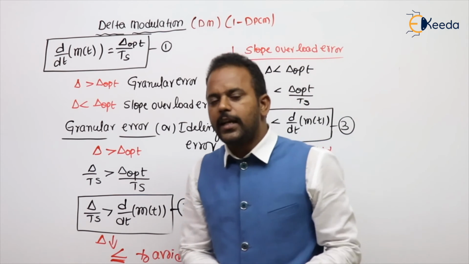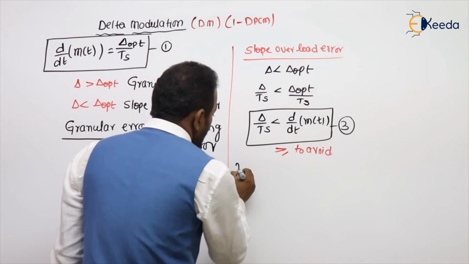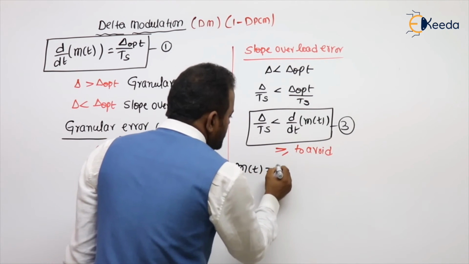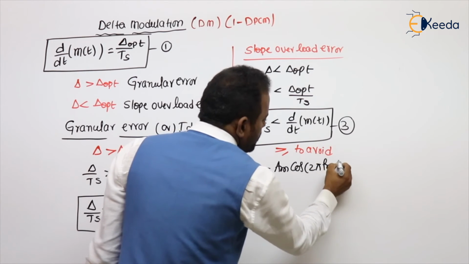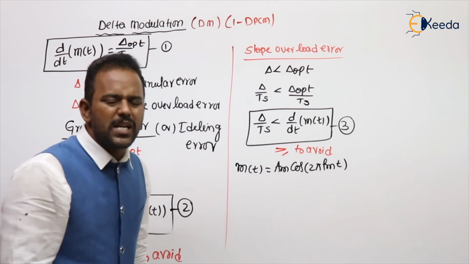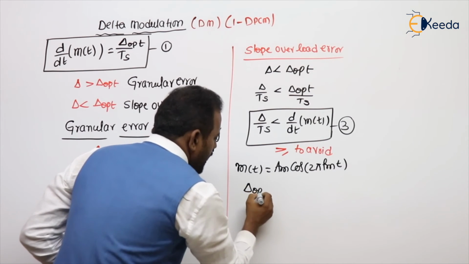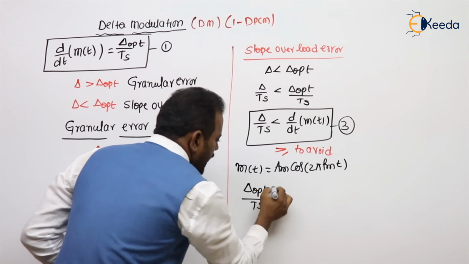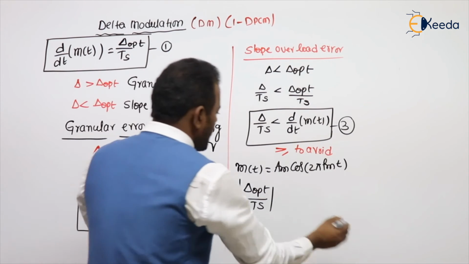Now I will bring another 3 conditions for sinusoidal message. Follow. Sinusoidal means let us assume message m of t equals Am cos 2 pi fm t, or maybe Am sin 2 pi fm t. Bring delta optimum by Ts. I am taking the maximum value, and that too the modulus, so positive value.